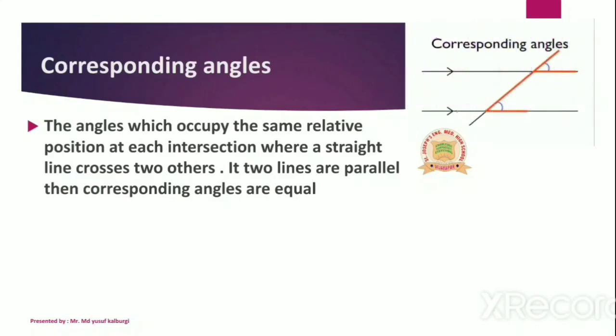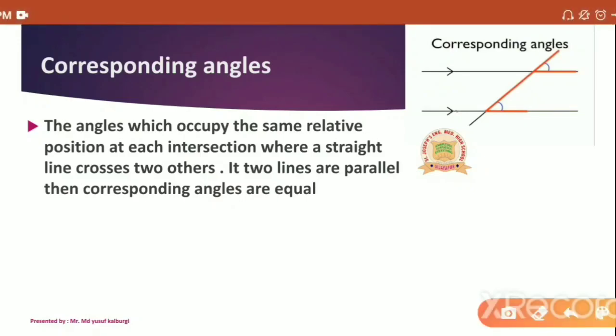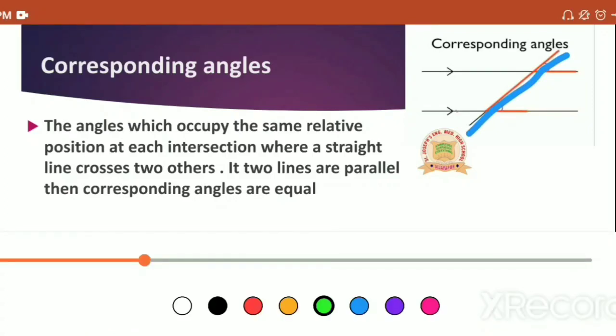Just see the diagram. A line is crossing two other lines, and these two are the two other lines. What is happening there? A transversal is created.